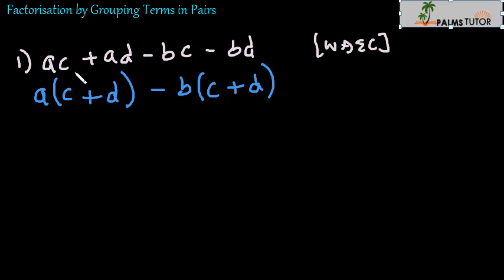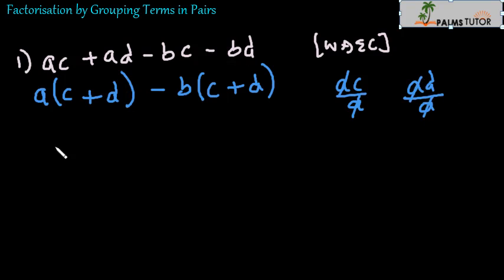What I just do is to bring out the common factor, then we divide the terms by the factor. So here we did AC all over A. Cancel, we have C left. Here we have AD all over A, A cancels A, then we have D.